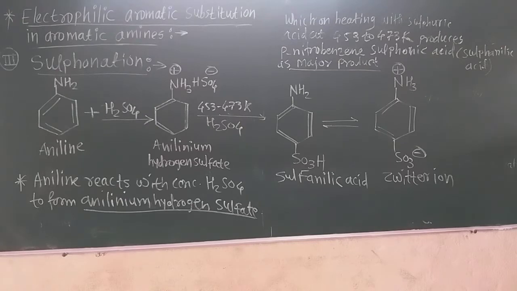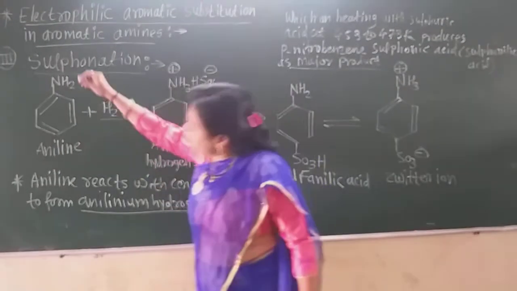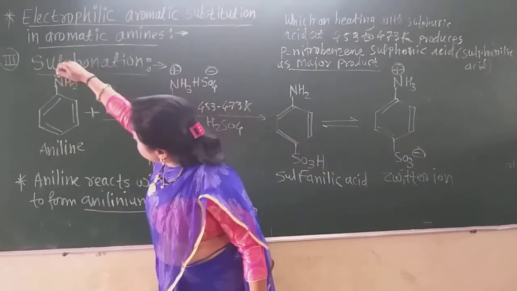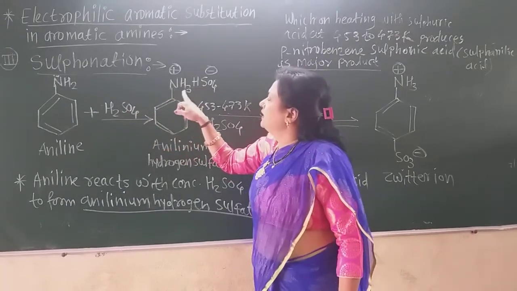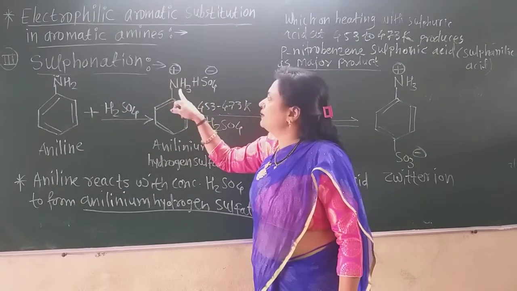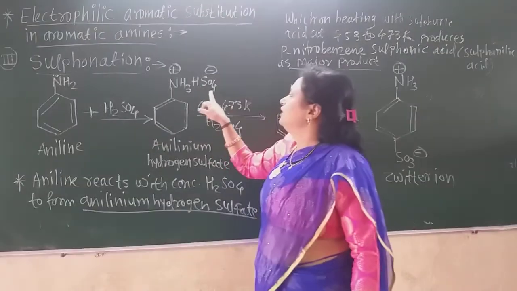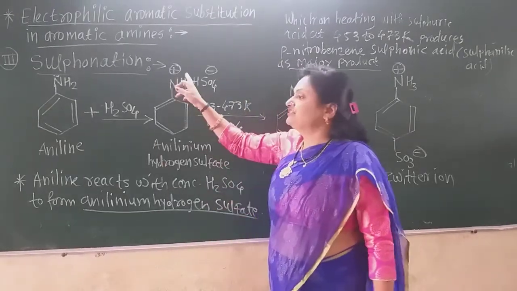See this. Directly this H2SO4 adds into this. The lone pair on the nitrogen is used for bond formation with one of the hydrogen atoms, forming NH3, and the remaining HSO4 group remains as the negatively charged group, and here is the positive charge.